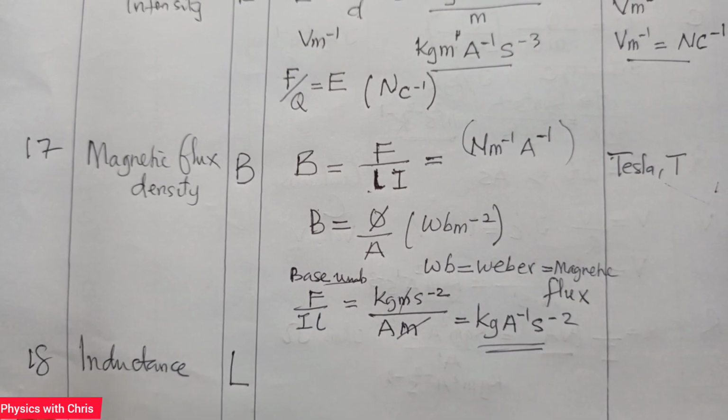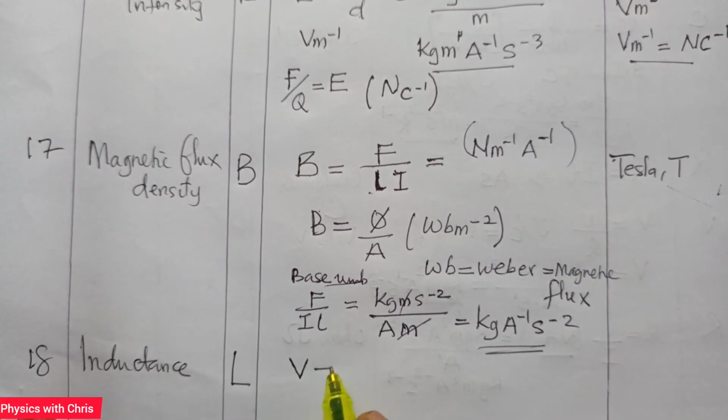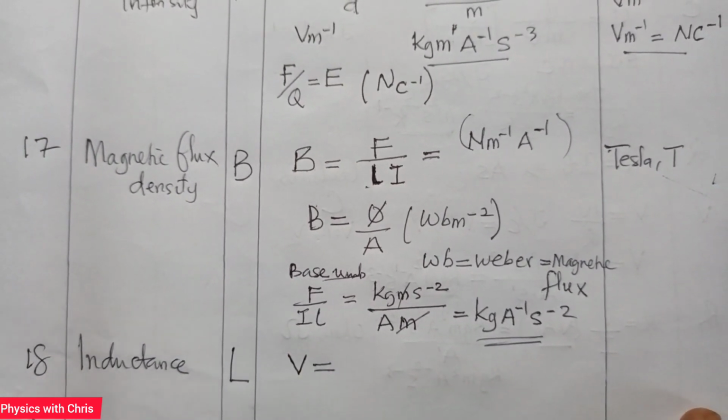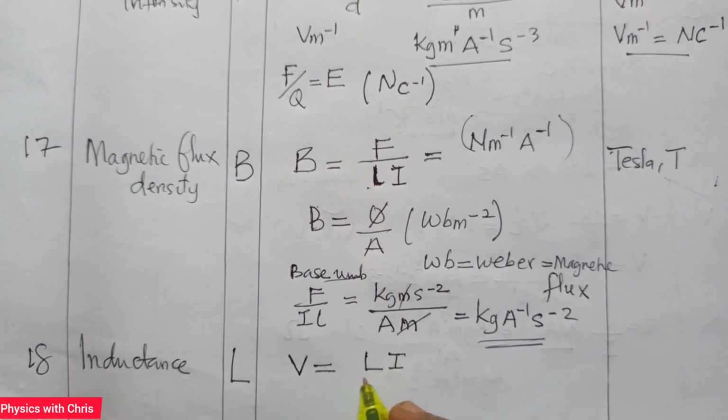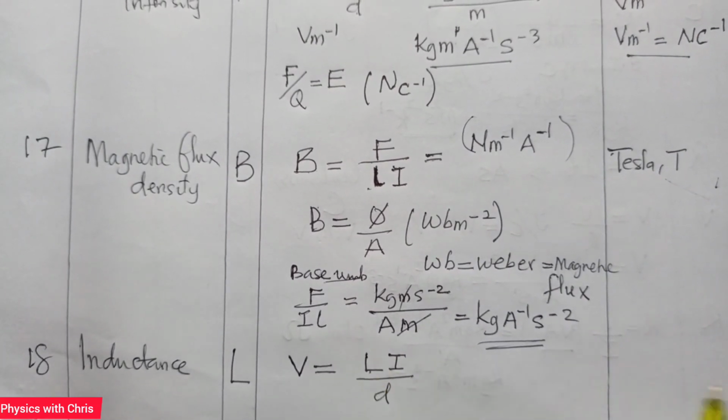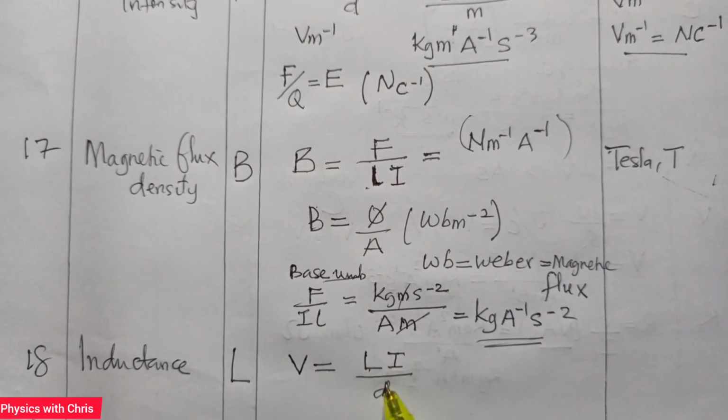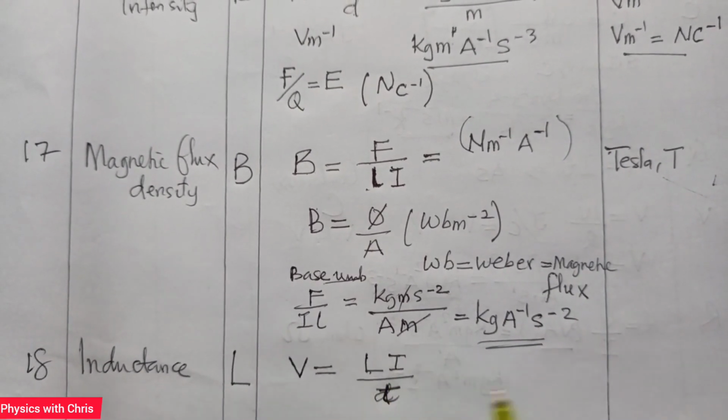So inductance, from the formula, the potential difference between the terminals of a coil, because inductance is derived from the inductor, is given by the inductance multiplied by the change in current over change in time.